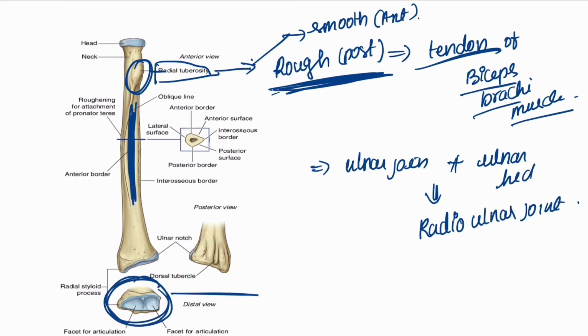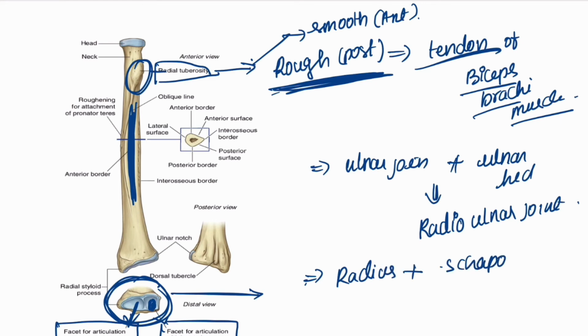And distally it has two facets. They are the facet for articulation with the scaphoid bone and the facet for articulation with the lunate bone. This is the facet for the articulation with the scaphoid, and this is the facet for articulation with the lunate. And this radius articulates with the scaphoid and lunate to form the radiocarpal joint.